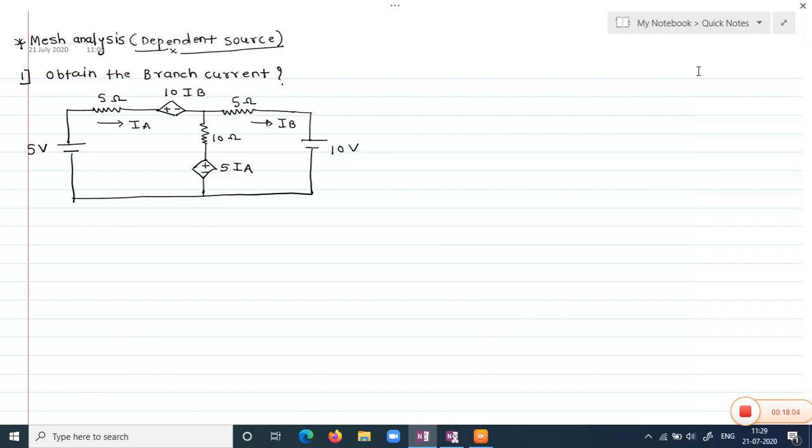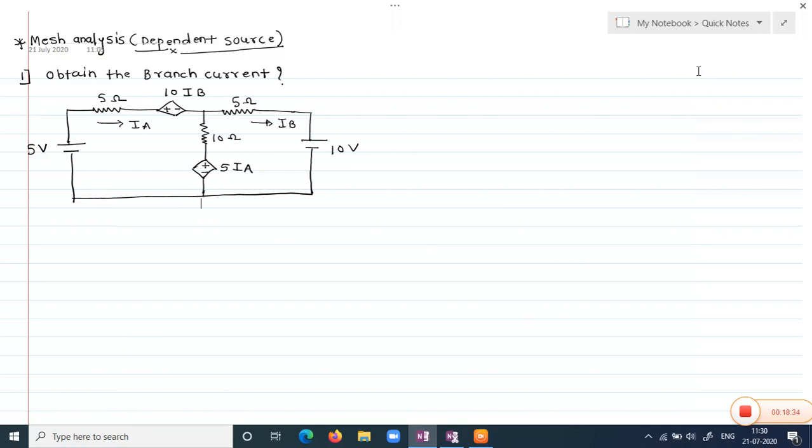We have two dependent sources present over here. One is 10 IB, that is voltage control current source, and second is 5 I1, again that is voltage control current source. And two independent sources are present in this particular electrical network, that is 5 volt and another is 10 volt.